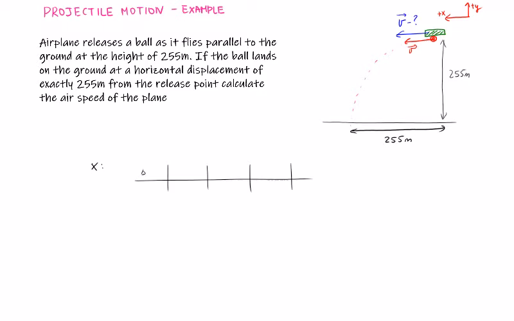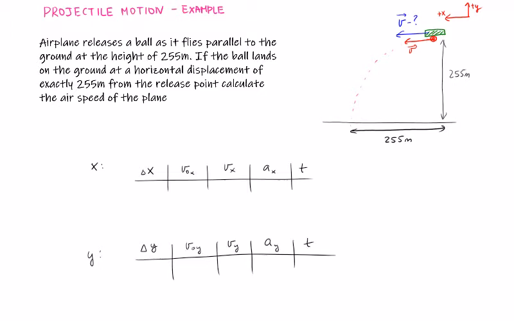Let's say we have delta x, v naught x, vx, ax, and t. Let's do the same for the y: delta y, v naught y, vy, ay, and t.